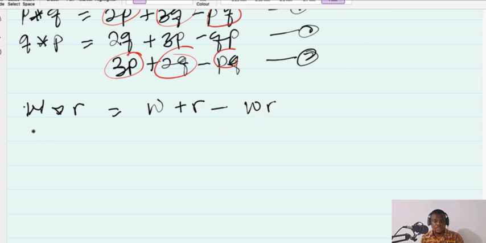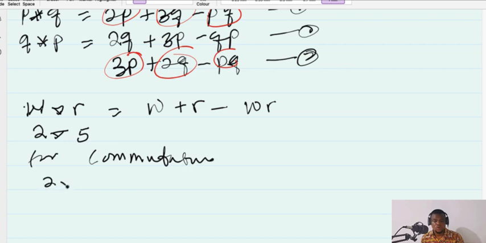And we have to show that 2 operation 5 is commutative. So for commutative, 2 operation 5 should give us the same result as 5 operation 2. So let's see.